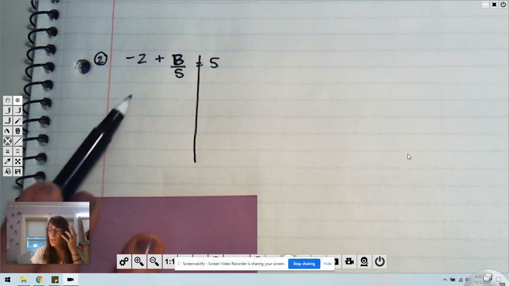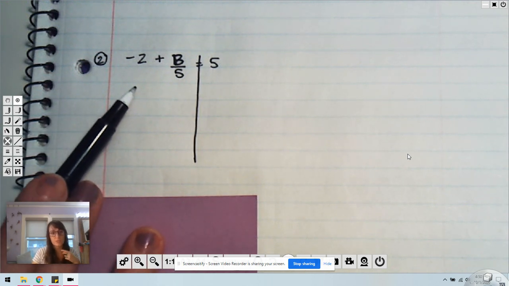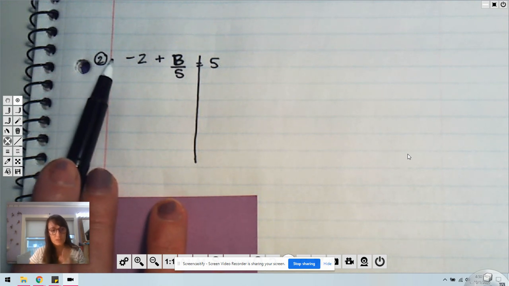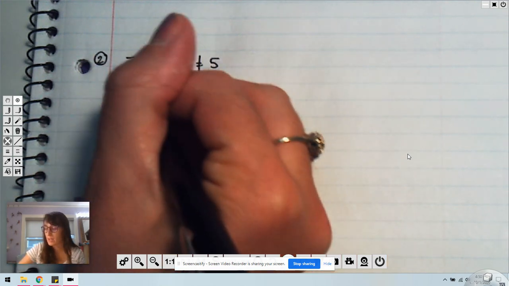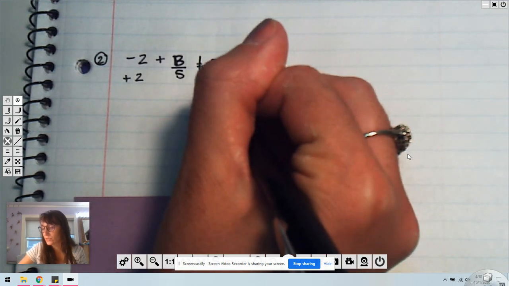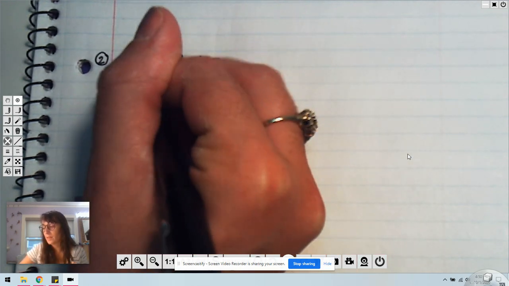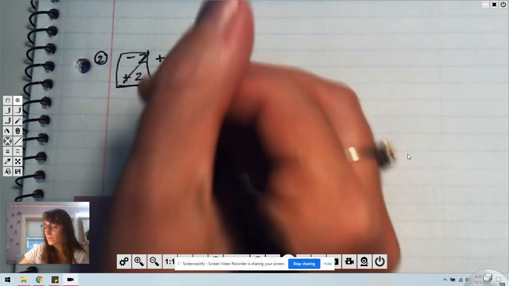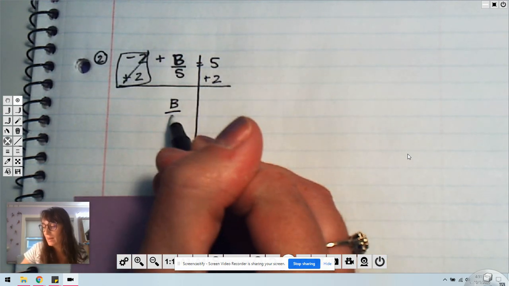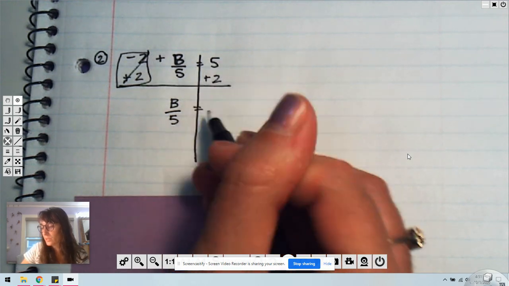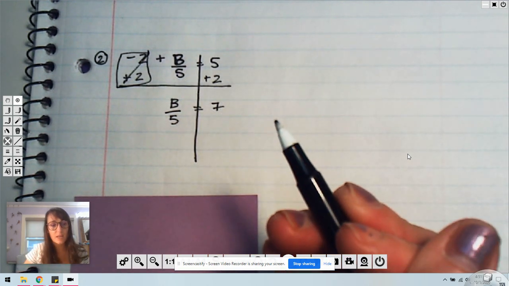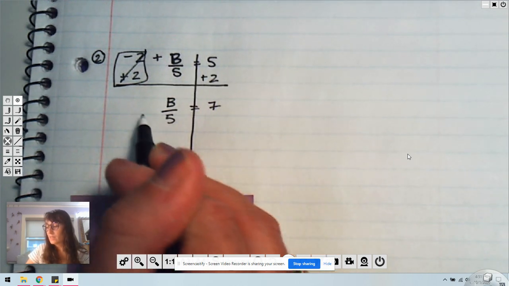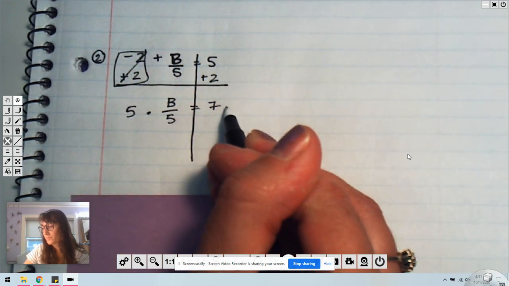So at first I'm going to undo any addition or subtraction. I see that this is a negative 2. So the opposite of a negative 2 is a positive 2. I start by adding 2 to both sides. Negative 2 and positive 2 are exact opposites, so they cancel out. I am left with B divided by 5 is equal to 7. The inverse operation for dividing by 5 is multiplying by 5.